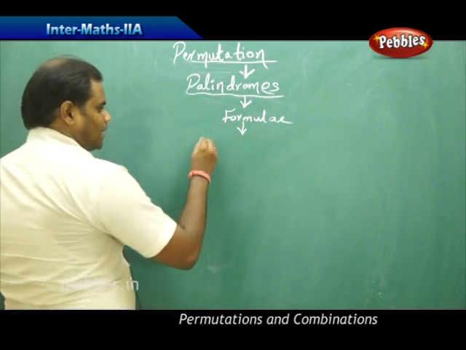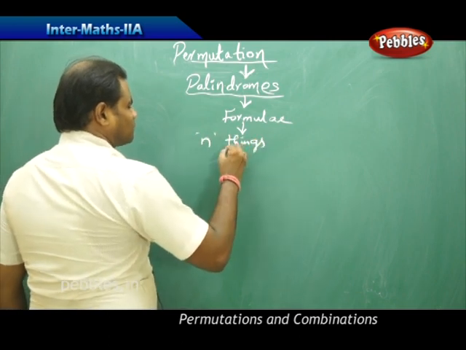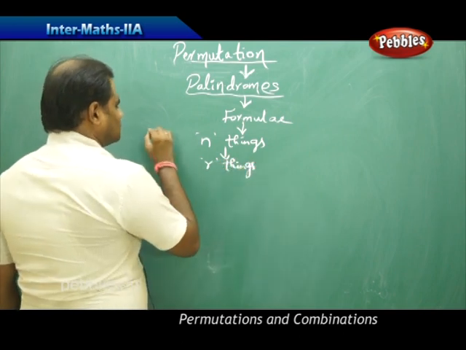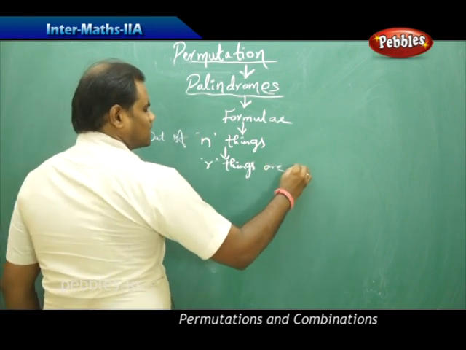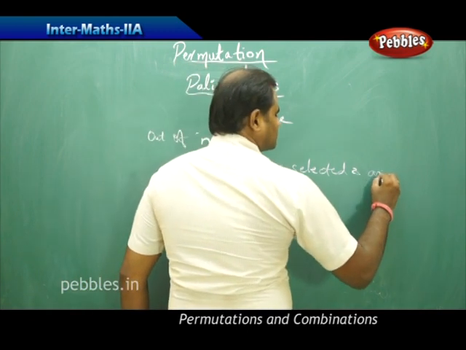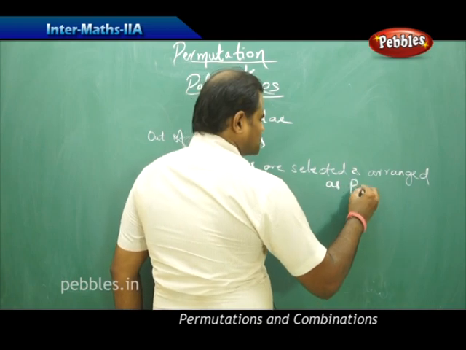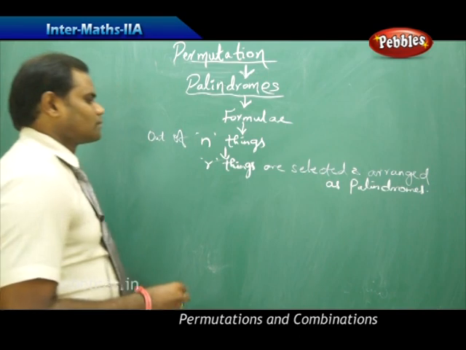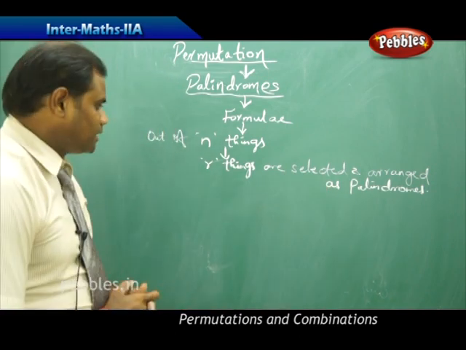Say I have totally n things, out of which r things are selected and arranged as palindromes.